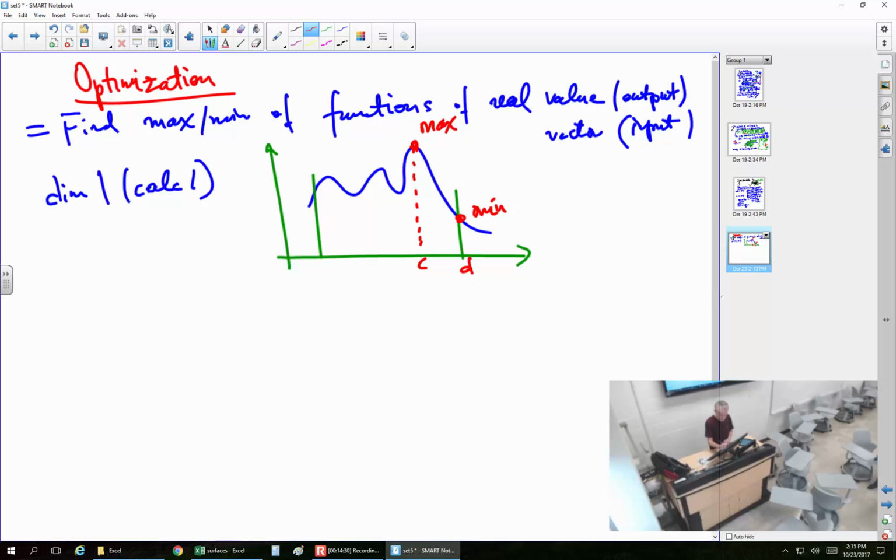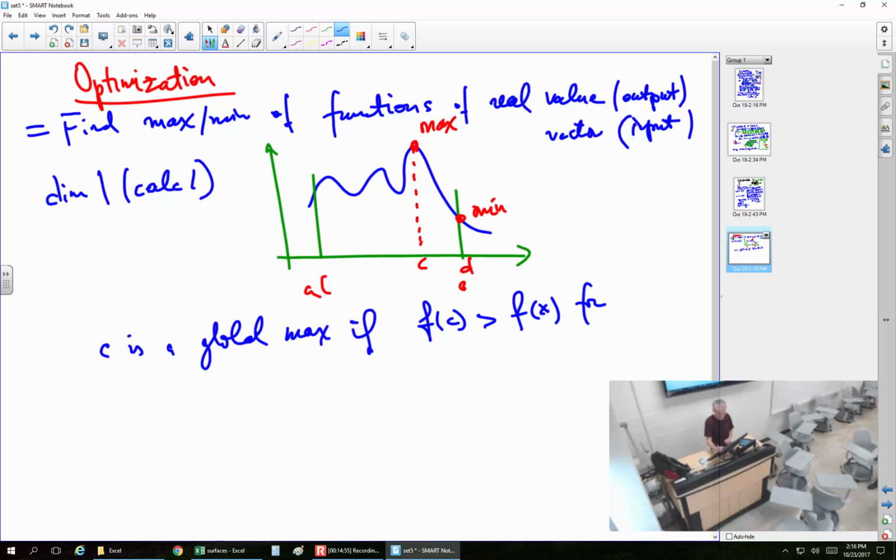So what we say here is that on the interval AB, f of C is a global max if f of C is greater than or equal to f of x for all x in AB.